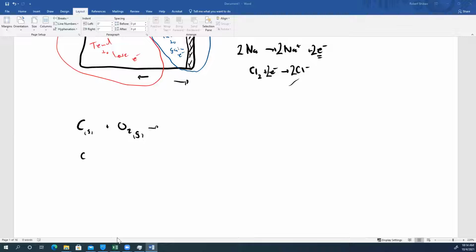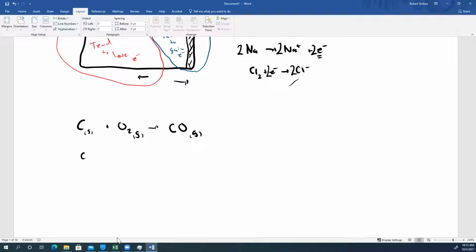And so it might lose fewer than that. So for example, here it might just lose 2 electrons. That is, it might go to carbon and oxygen, carbon monoxide gas. That's possible here.